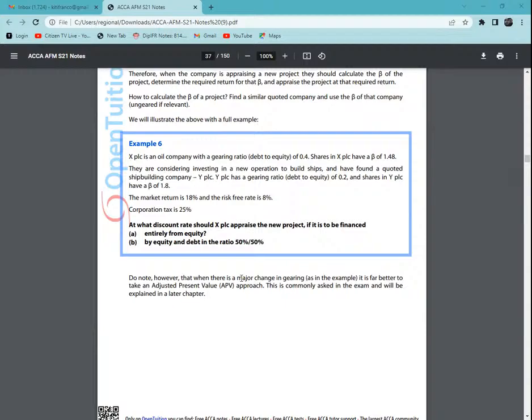This shipping company has a gearing ratio of 0.2, and the shares in YPLC have a beta of 1.8. Tell me, how do you understand this beta of 1.8? Is it a beta equity over a levered firm or a beta equity over an unlevered firm?